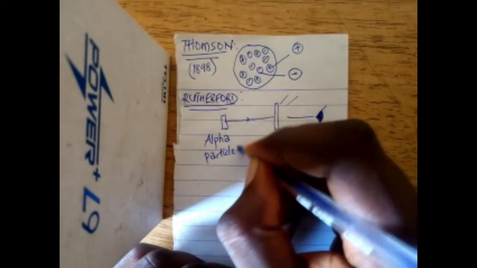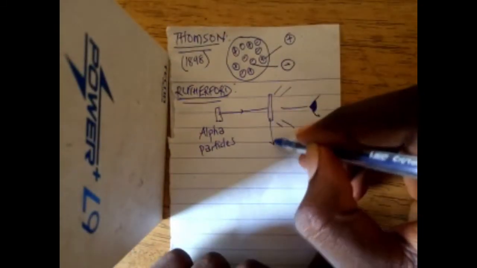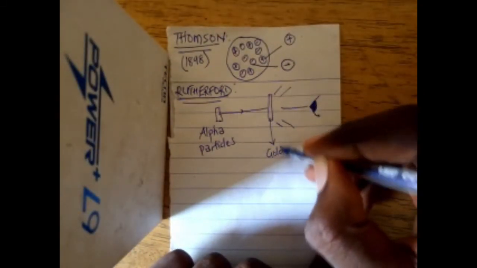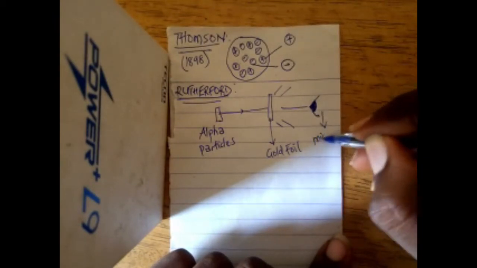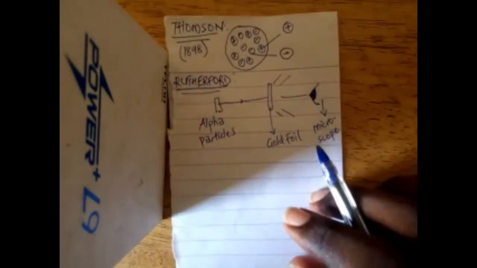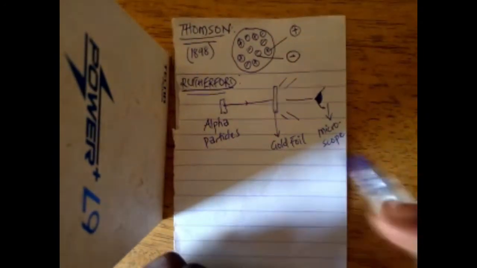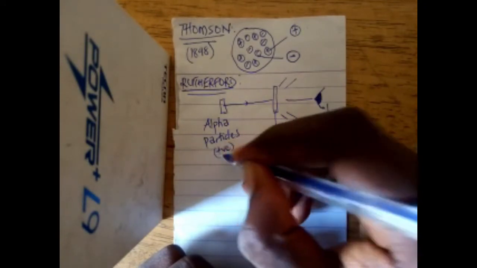So in Rutherford's model of the atom, he carried out an experiment using alpha particles. Alpha particles are positive charges.